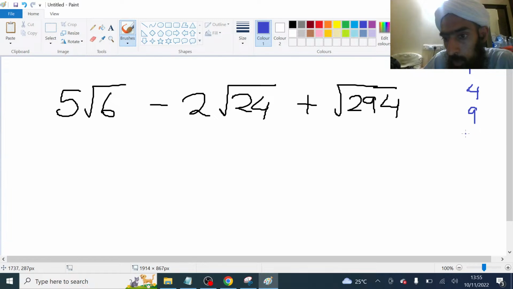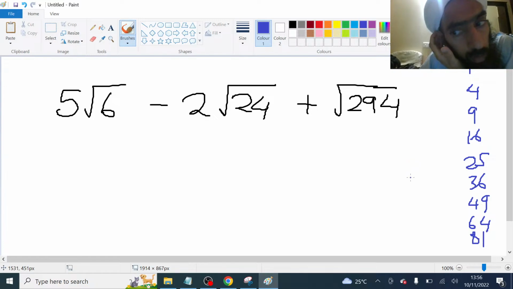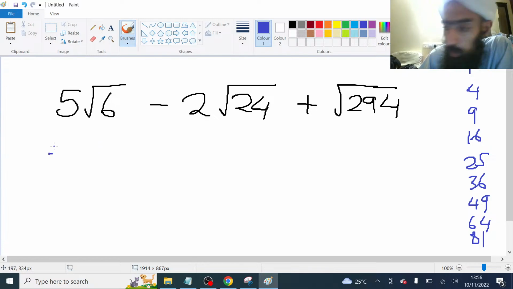Write your square numbers. Think of the first number you see underneath the square root, and think, what square number can I pick? That means I can split that number into the square number times something. So 5 stays as 5, but root 6, we can't really pick anything here. The 4 doesn't do it, the 9 doesn't do it, so it's just going to have to stay as 5 root 6.